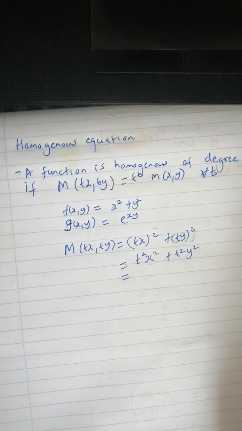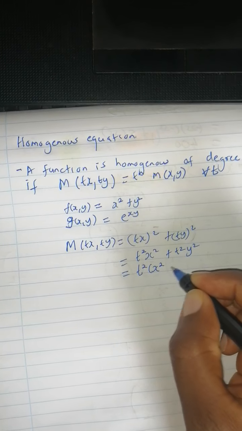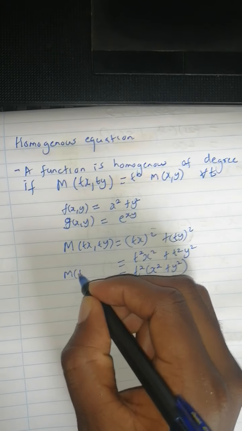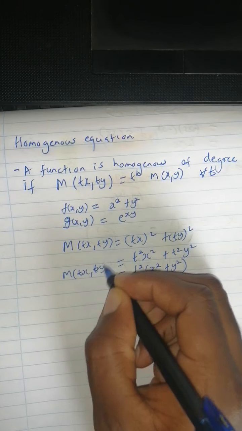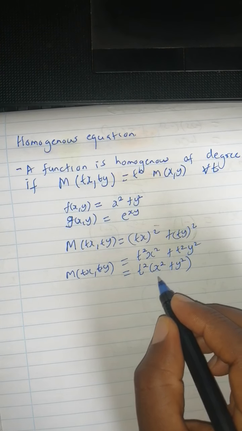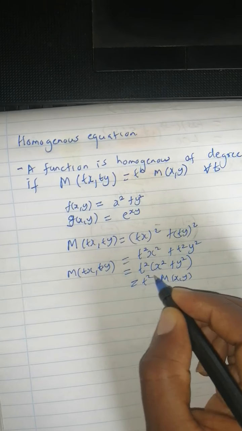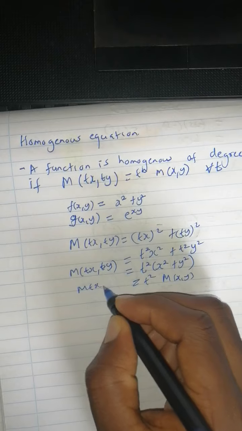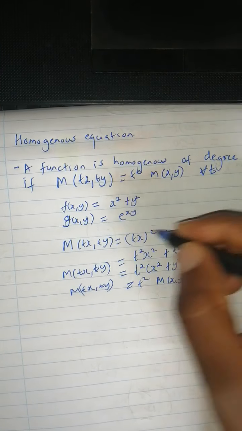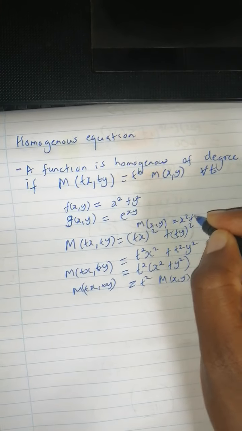We can take out the common factor of t squared, so this is going to be t squared into x squared plus y squared, which is the same as t squared M of x, y.